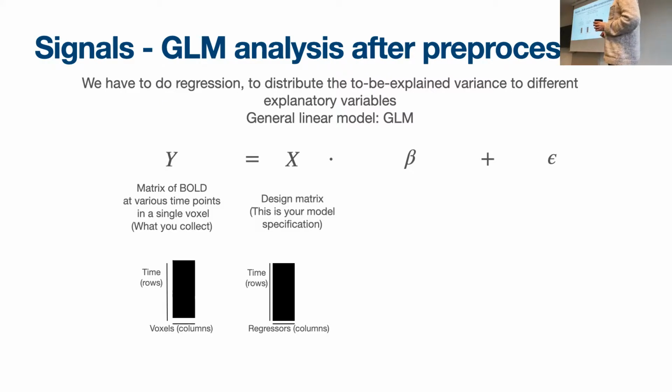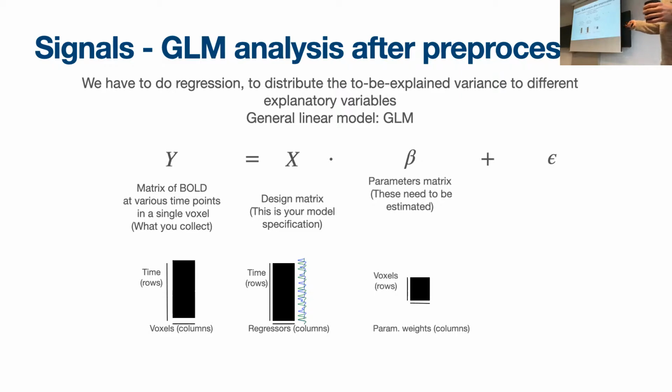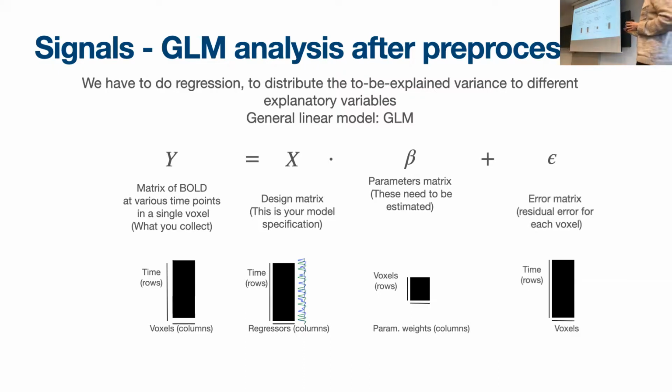Yeah? That is time by regressors, right? So our regressors, for example, these auditory and visual regressors are what constitute this design matrix. What we're interested in here, what needs to be estimated here, is these beta weights. Yeah? And of course, we have residuals after we do this. That is the part of the data that we cannot explain.